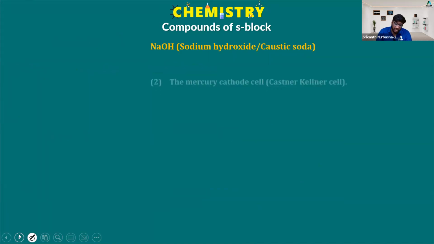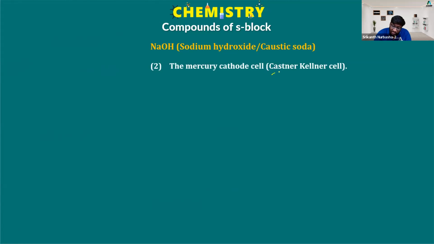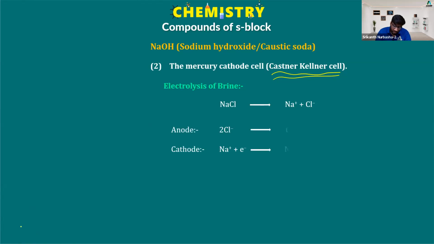You can also prepare NaOH by another cell known as the Castner-Kellner cell. In this cell, you are electrolysing brine again, that is NaCl, which gives Na+ and Cl-. The anode is positively charged, the cathode is negatively charged. At the anode, the negatively charged chloride ions reach the anode to form chlorine gas, and 2 electrons are evolved.